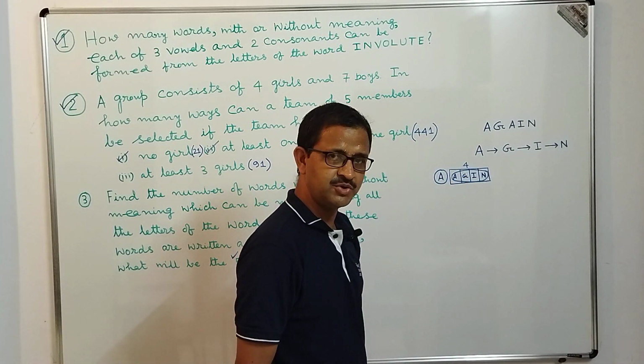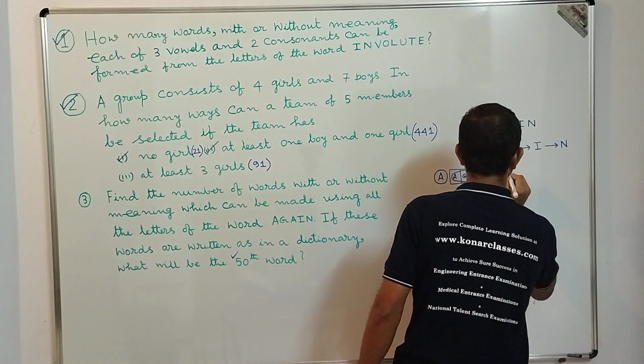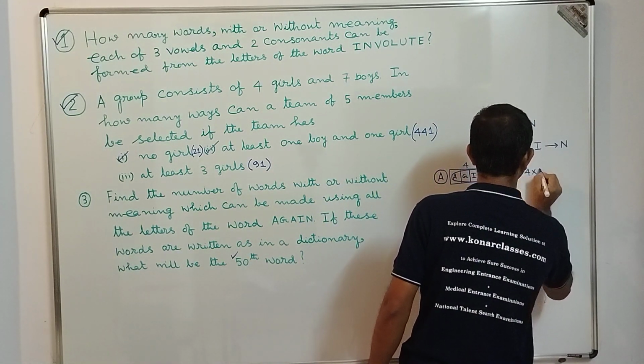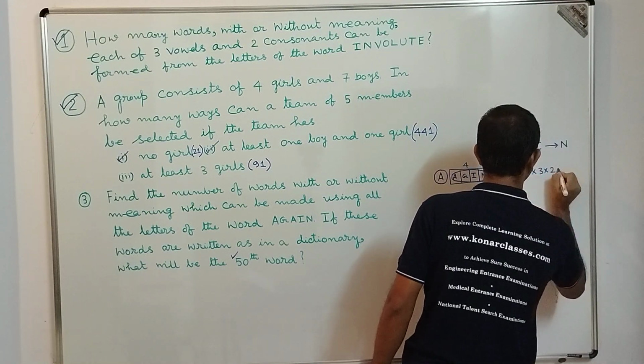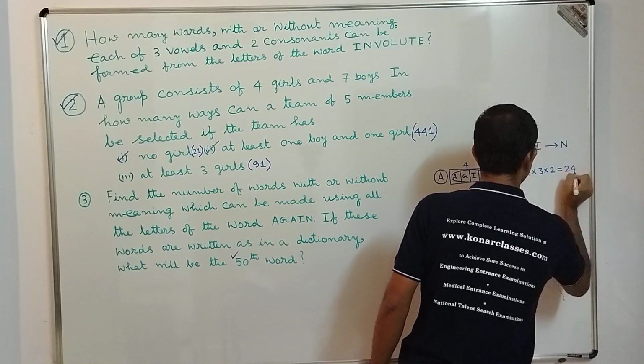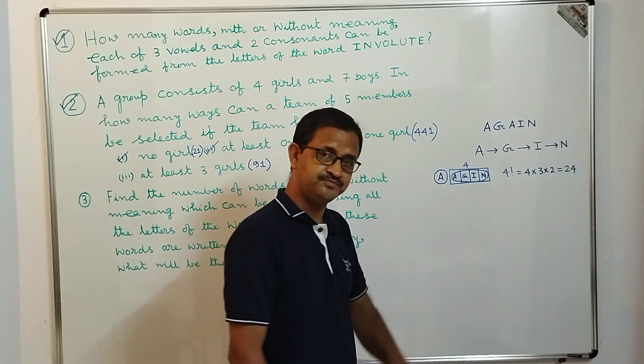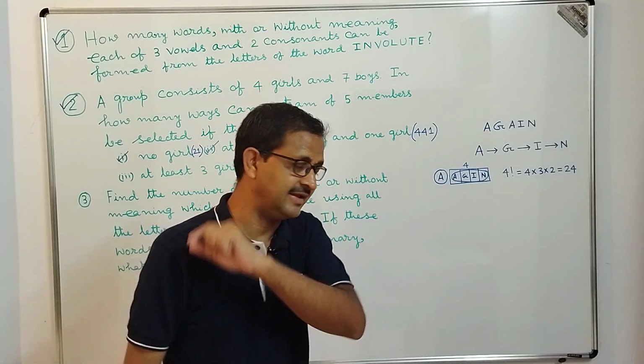So how many ways can we do it? That is factorial 4 ways. Factorial 4, dear students, we know 4 into 3 into 2 into 1, that is equal to 24. So there are 24 words starting with the letter A.